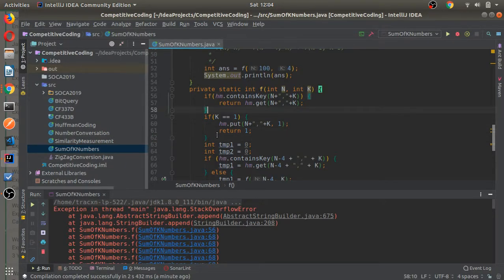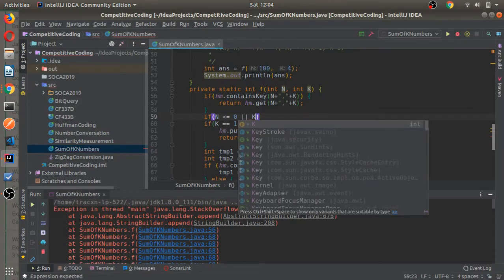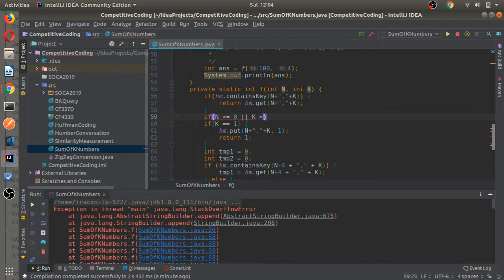Let's write code to exit the recursion. If n is less than or equal to 0 or k is less than or equal to 0, return 0. Let's see.